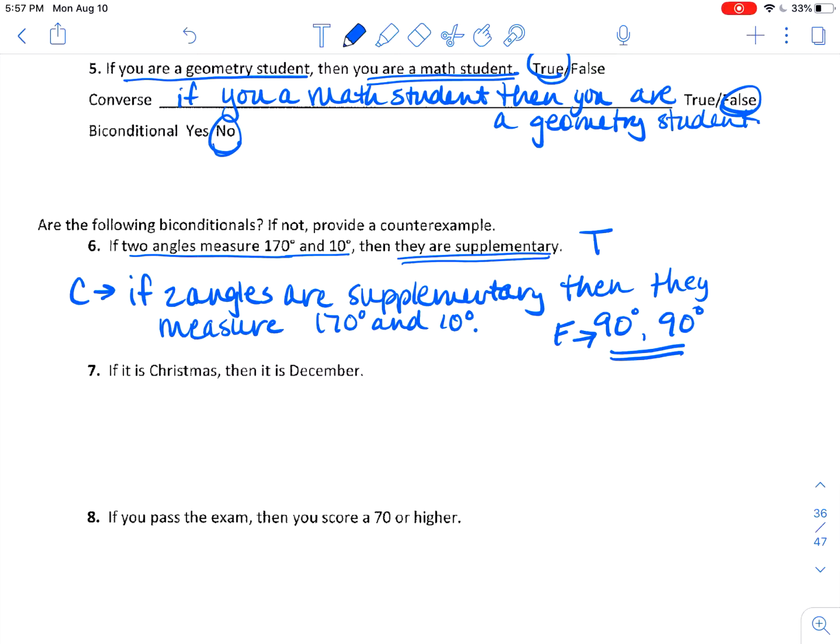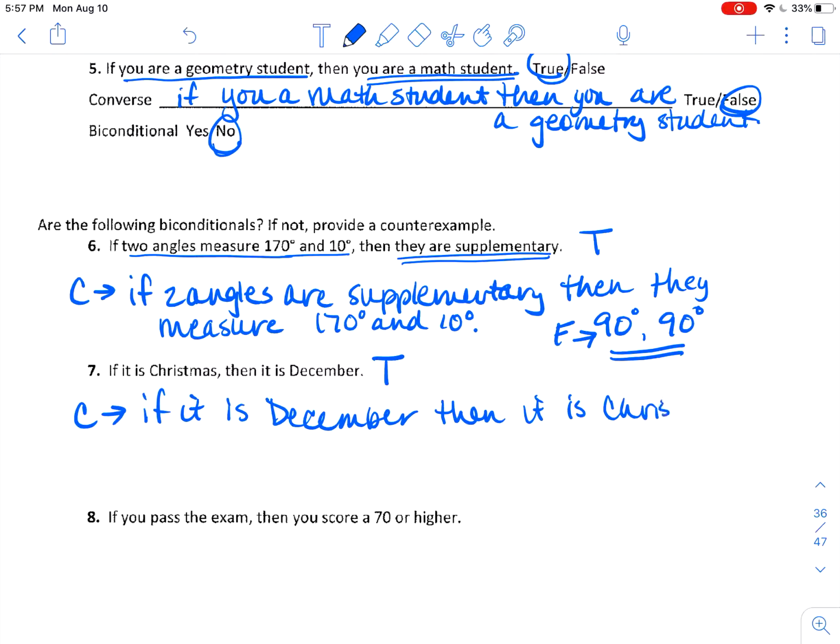Number 7, if it is Christmas, then it is December. Yes, because Christmas is in December. Let's take a look at the converse. If it is December, we're going to switch, then it is Christmas.